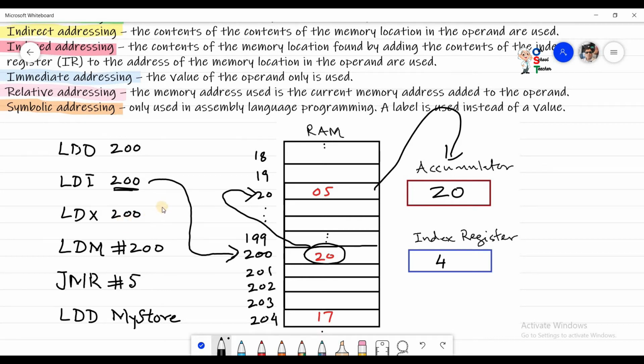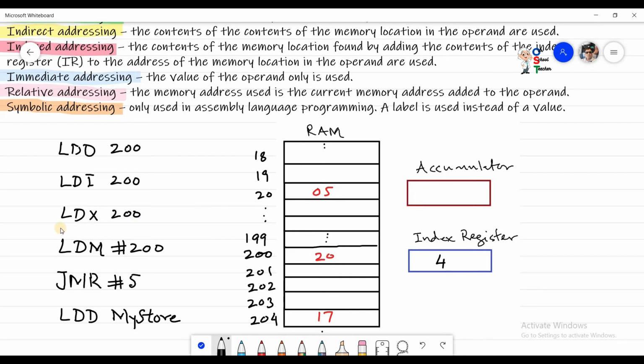right? After this we will see index addressing. The load command which is used for index addressing, that is LDX. For example, we have a command LDX 200. Now we have to see the value of index register in this case. So because 200 is given, with this 200, we will add the value of index register, that is 4.